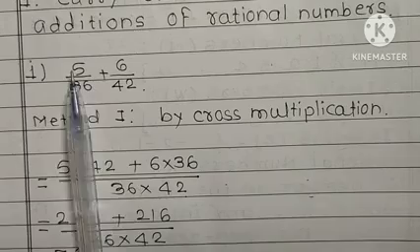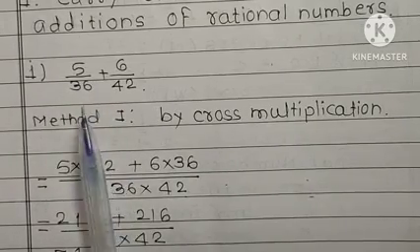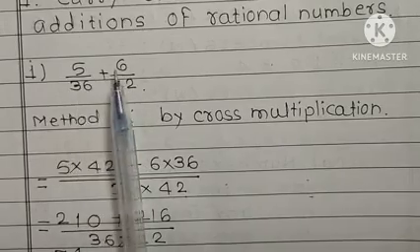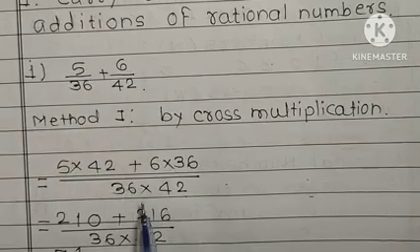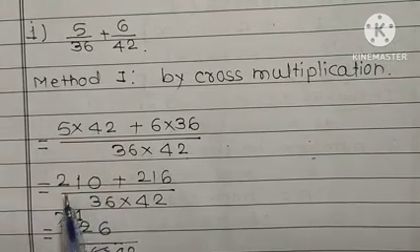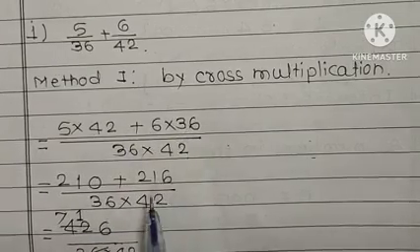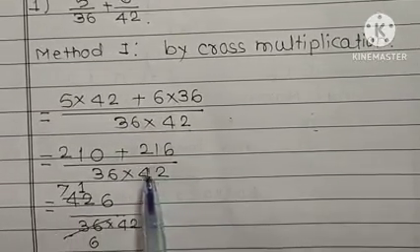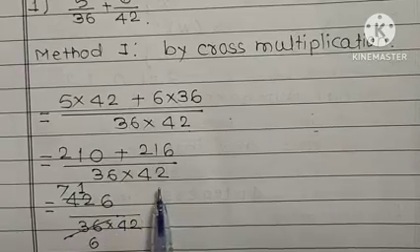That means 5 into 42, plus 36 into 6, that means 6 into 36. In the denominator, the product of these two. Now 5 into 42, the product is 210, plus 6 into 36, the product is 216, and you put the denominator as it is, 36 into 42.